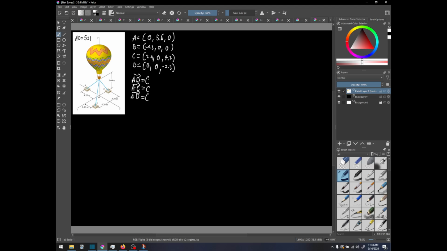This one's going to be negative 4.2, 5.6, 0. AC is going to be 2.4, 5.6, 4.2. AD is going to be 0, 5.6, and then negative 3.3. Okay.